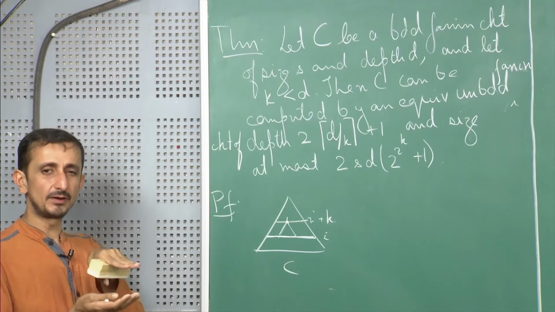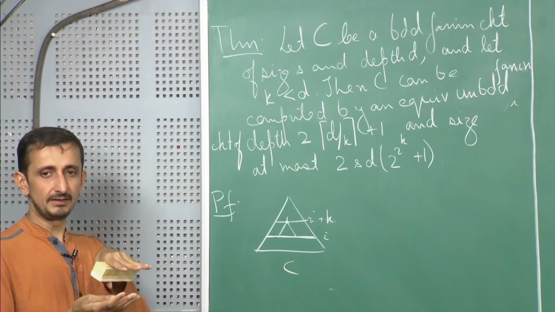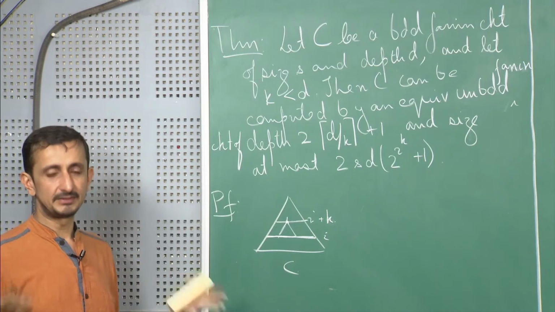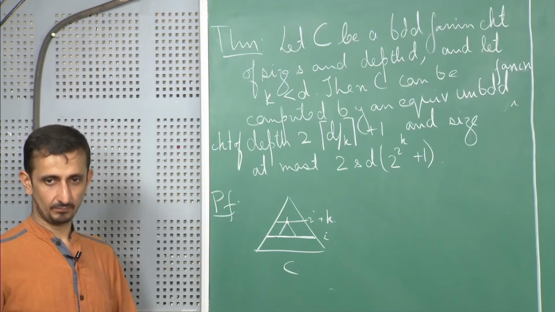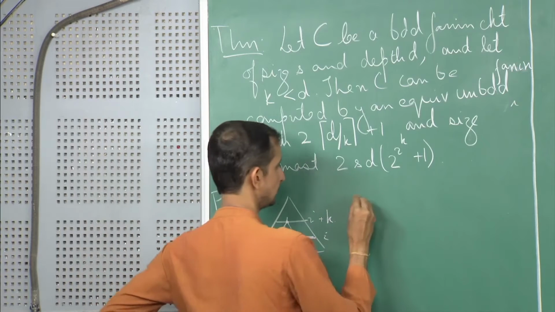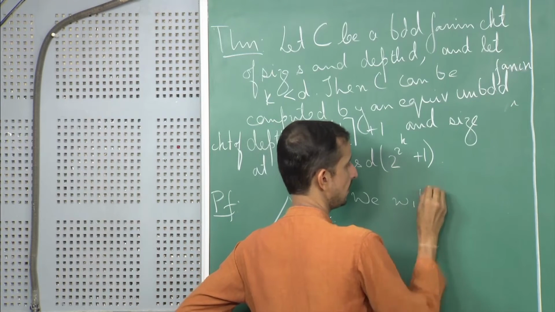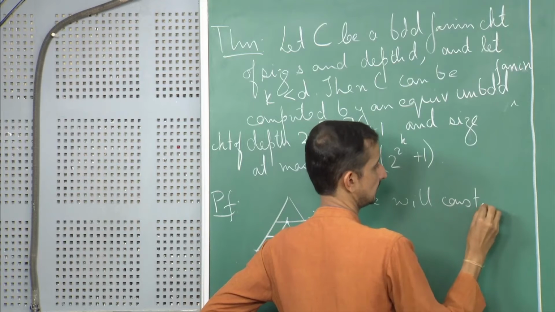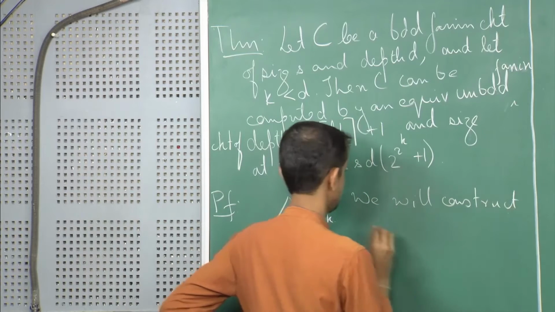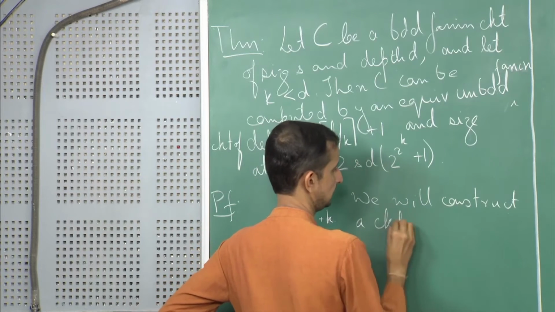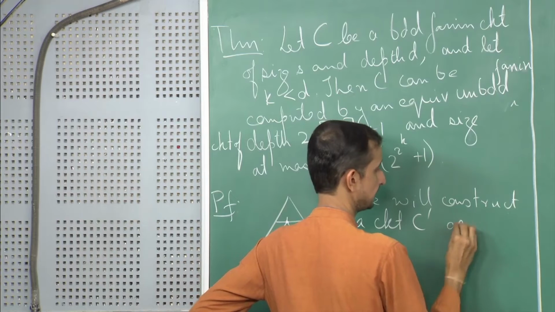If I take any tree of depth k, or any graph of depth k, it can have at most 2 to the power k leaves. That is what I am using. So we will construct a circuit C prime as follows.